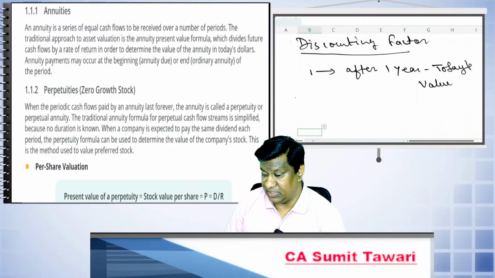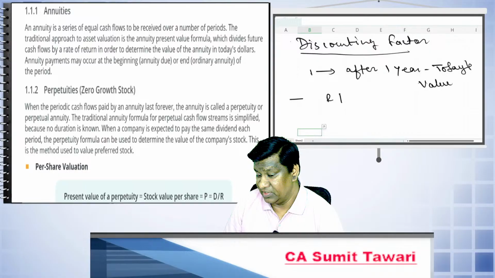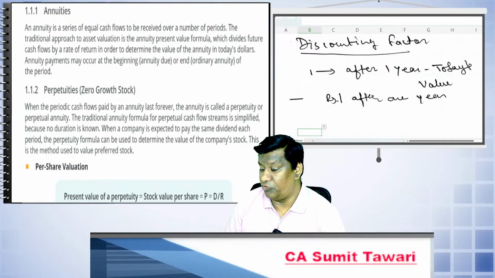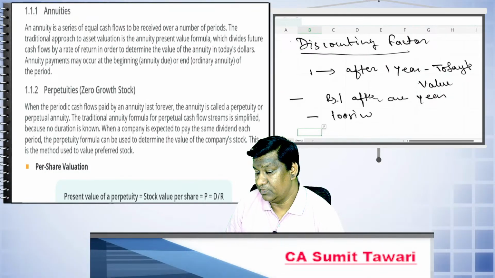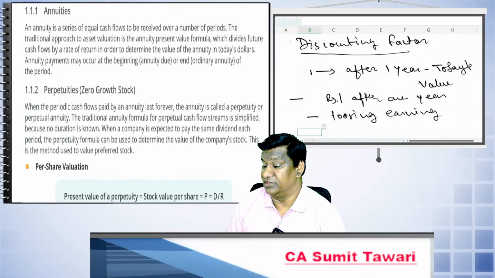If I'm getting 1 rupee after 1 year, I'm losing the earning opportunity for that year, because I'm getting it after 1 year.